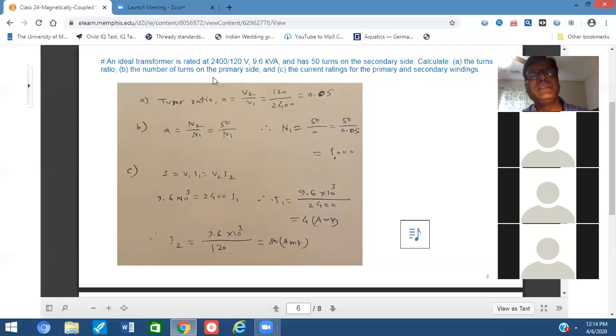This means if you multiply the primary voltage with the primary current, and the secondary current with the secondary voltage, the result will be the same. That makes sense. That is the law of conservation of energy. That's why I have written S equals V1 into I1 equals V2 into I2.